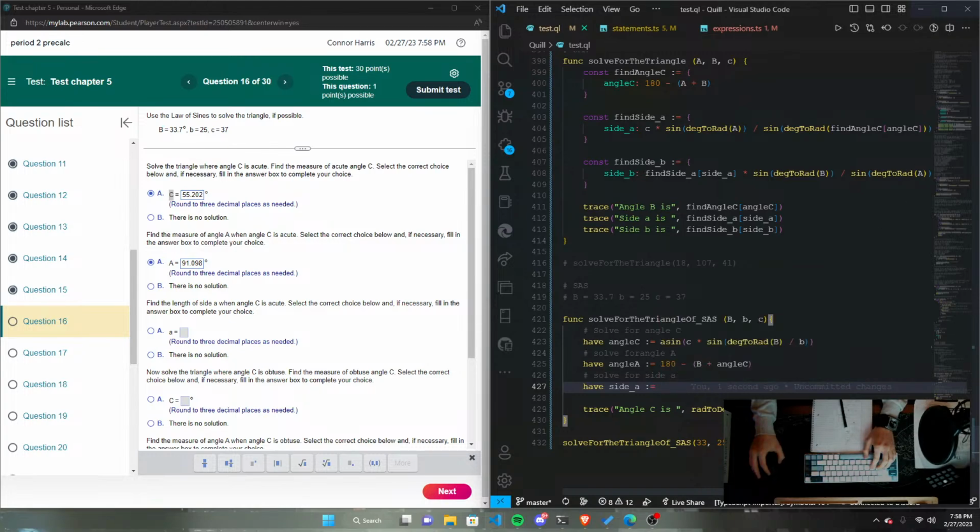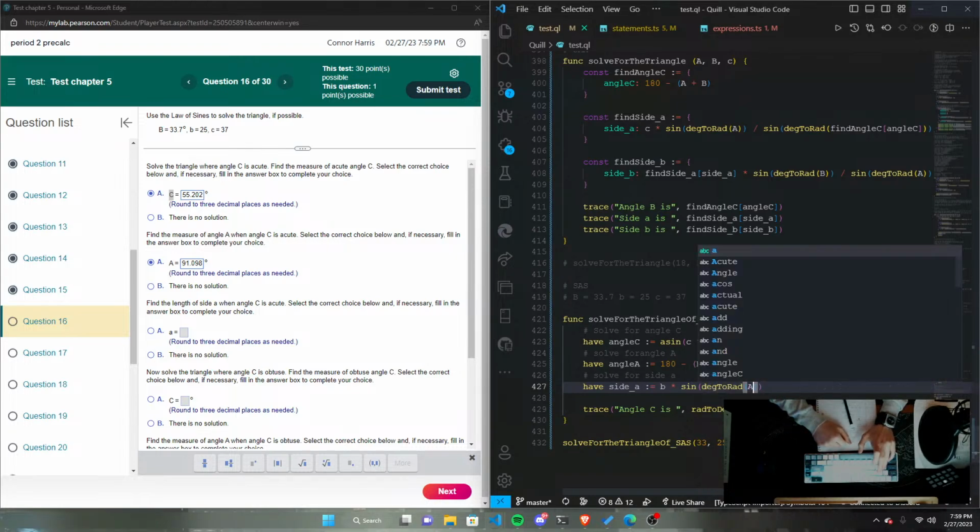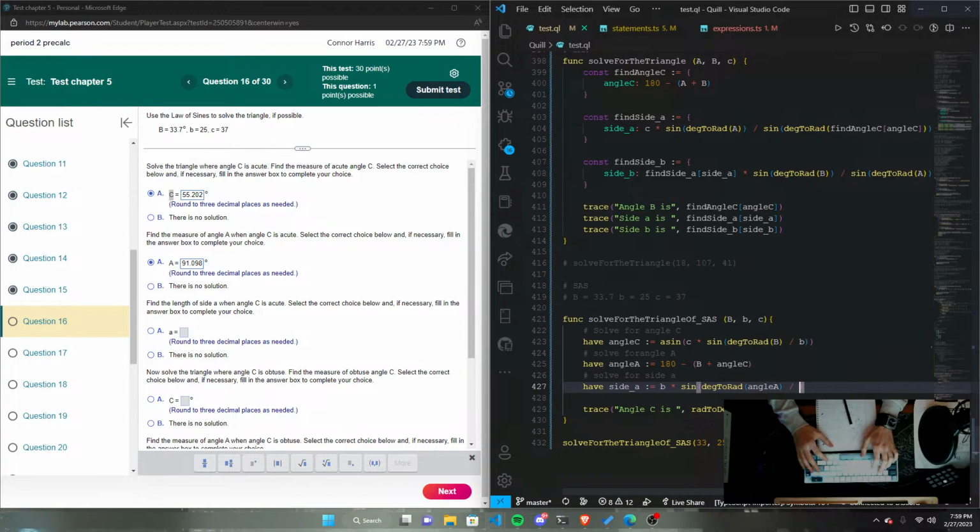So A is equal to B, lowercase b, times the sine of angle A, divided by the sine of B. Because of A times sine of B, we have to divide by sine B. Yeah, that's right. Okay.